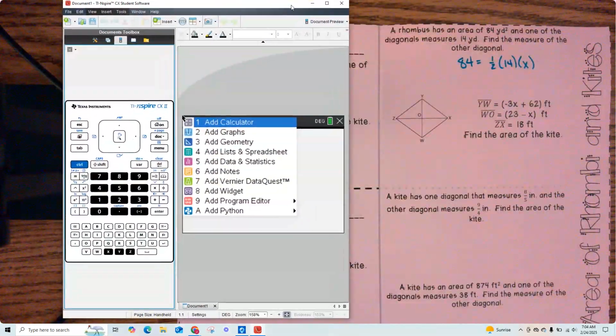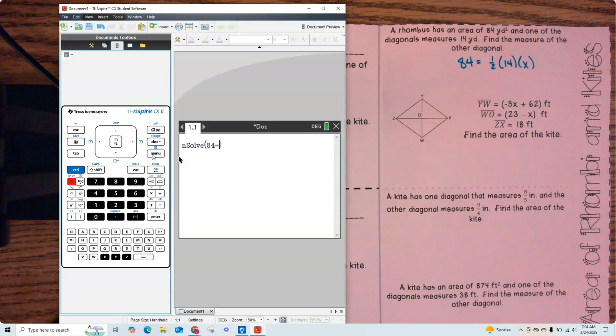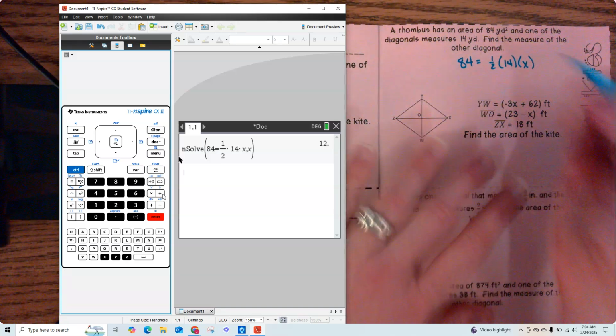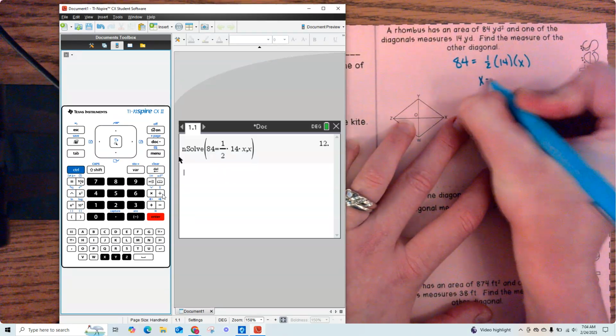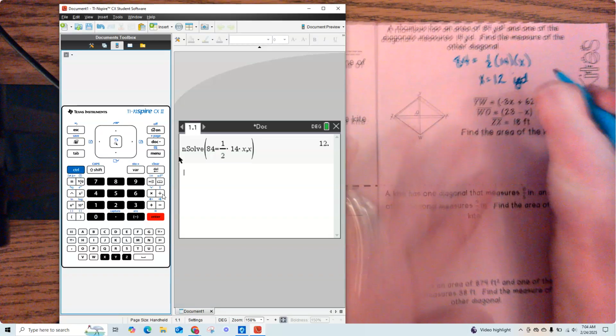And so for this one, we can solve it. And so the other diagonal is 12, but here it's going to be 12 yards.